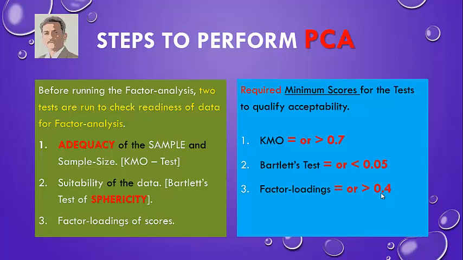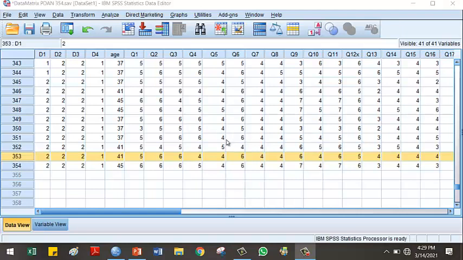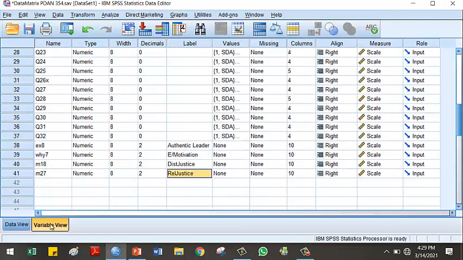So let's move to the SPSS. So here is our data matrix with 4 variables. The independent variable, or X variable, is authentic leadership.